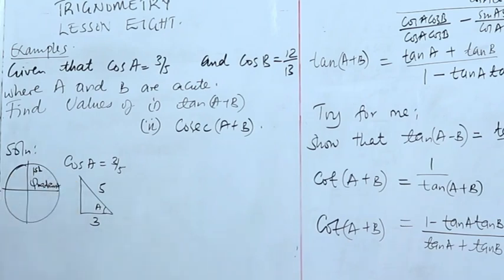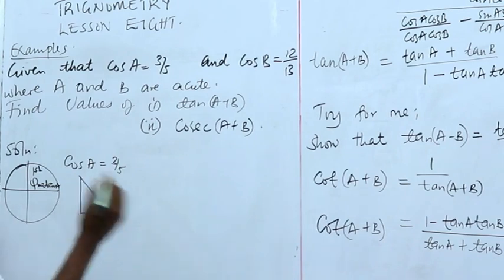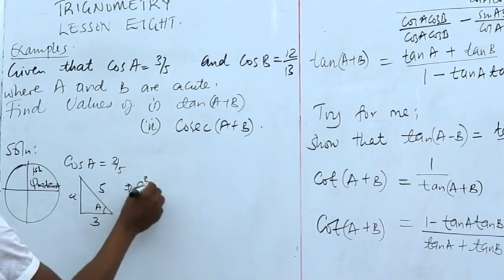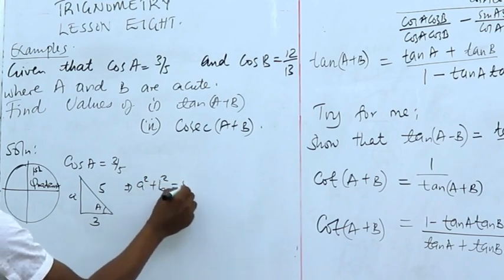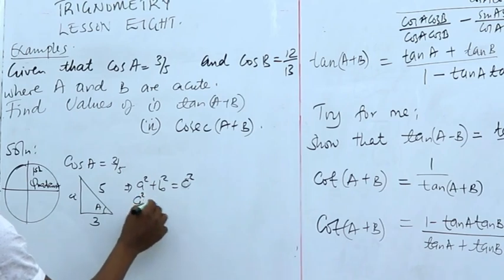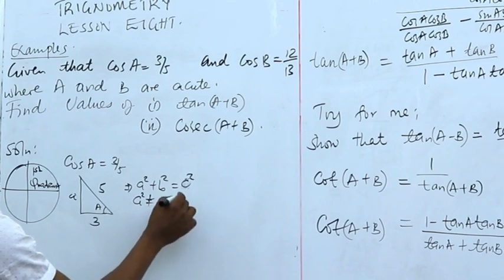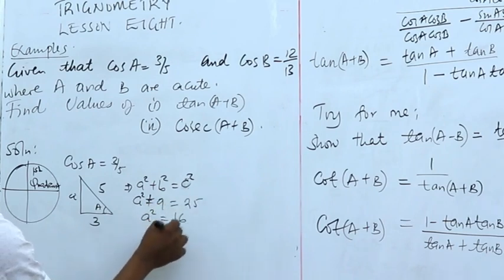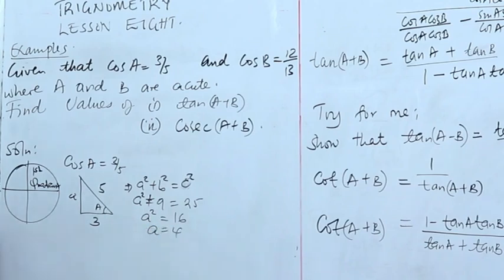I get the opposite side using Pythagoras theorem: a squared plus 9 is equal to 25, so a squared is 16 and a is 4.